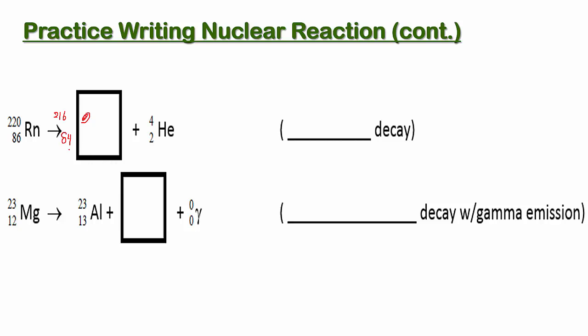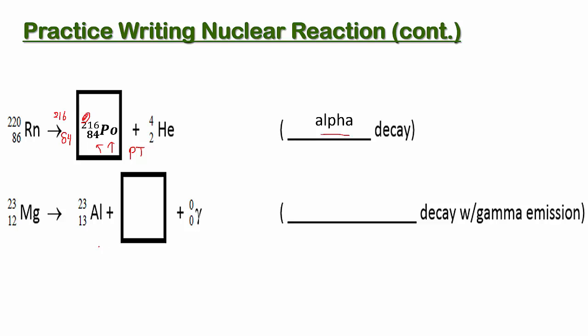So in the end, 216 over 84 polonium is going to be what we have, plus the 4 over 2 particle, the helium, is going to be that alpha particle decay. We call it alpha. So we went from 220, 4 plus 216 gets us to that 220, 2 plus 84 gets us 86, and then polonium, element 84 from the periodic table, we'd figure out that that element was polonium.